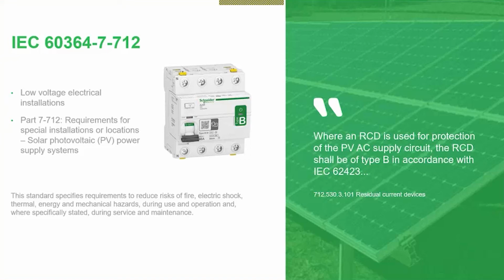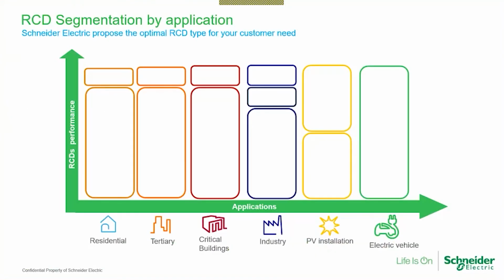B-type RCD protection is now called up in that standard. It specifies requirements to reduce risk of fire, electric shock, thermal, energy and mechanical hazards during use and operation of this type of photovoltaic installs.